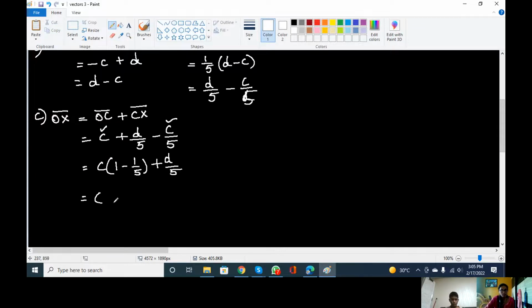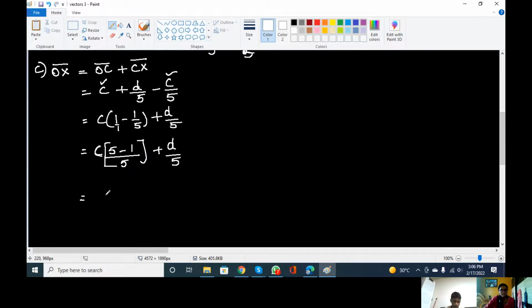Here 5 is the LCM. Nothing is there in the denominator means 1, so 5 times 1 is 5. 5 minus 1 is 4 over 5, plus D over 5.